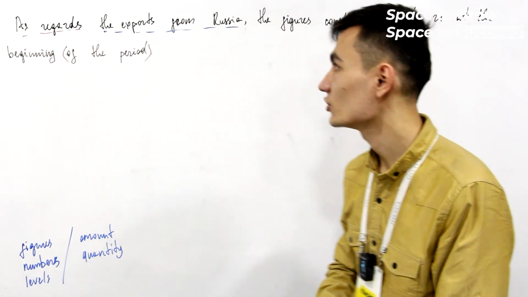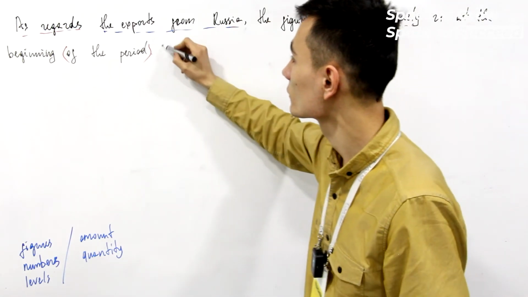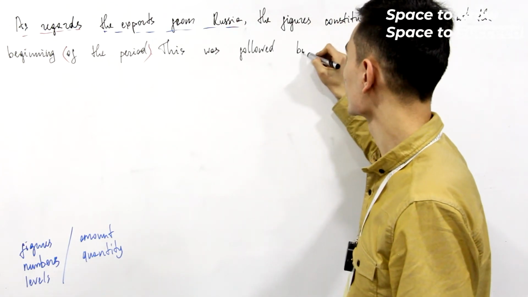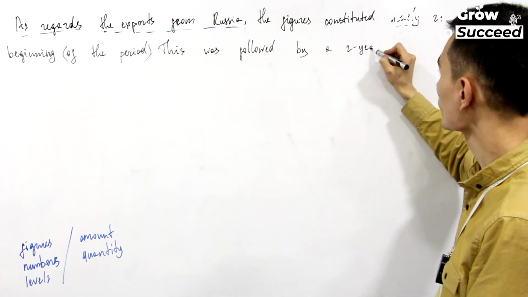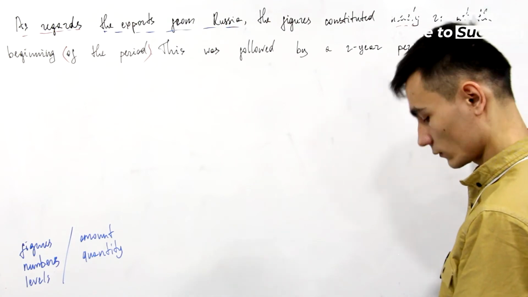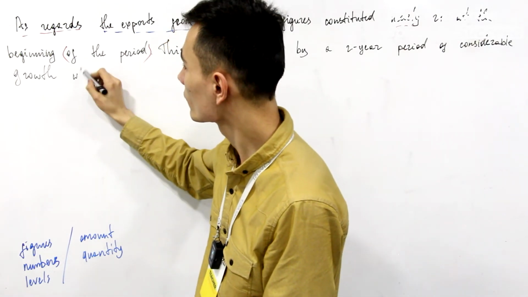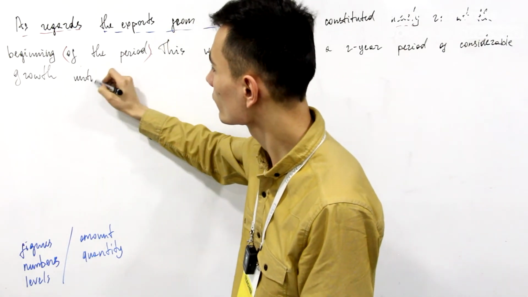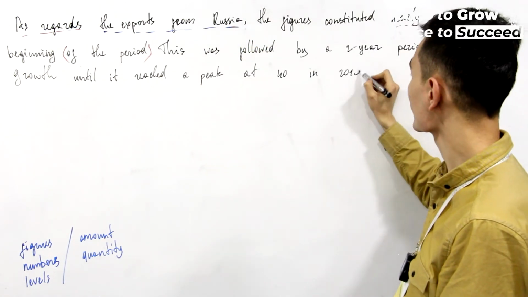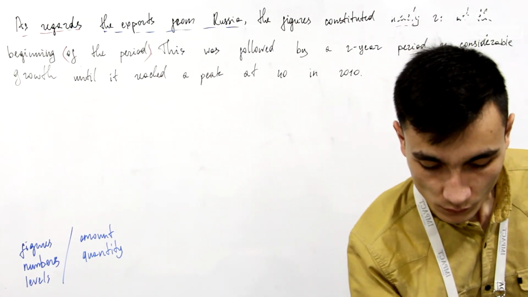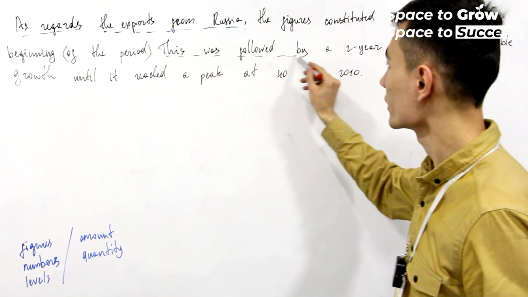Then we have to continue with a link word. We can say "this was followed by." I wrote this to connect my sentence, to link these two sentences.